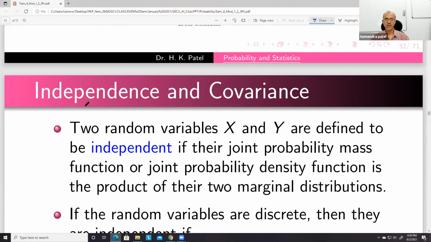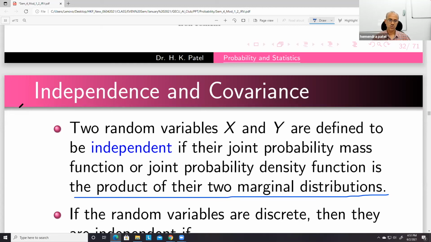Now come independence and covariance. Two random variables x and y, as usual, are defined to be independent if their joint probability mass function or joint probability density function, mass function in case of discrete and density in case of continuous, is the product of their two marginal distributions.